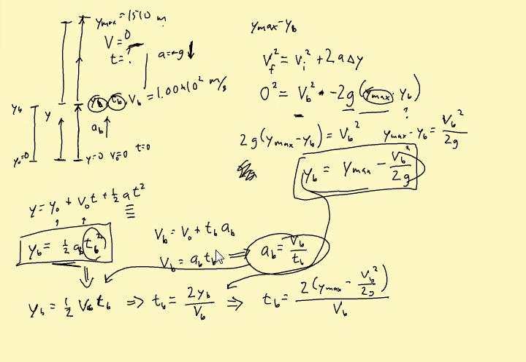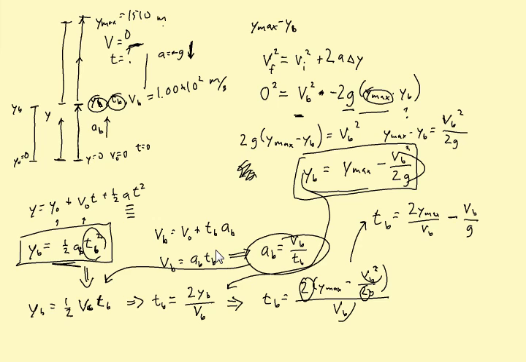And so tb equals 2 y max over vb minus, and then we have this 2 divided and this 2 multiplied, and our vb squared divided by vb, so actually what this ends up being is vb over g.